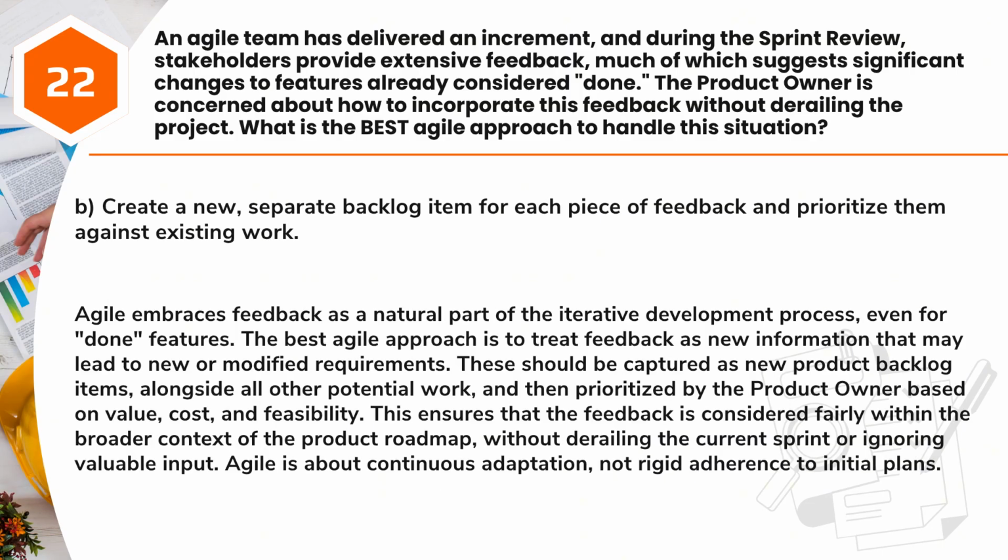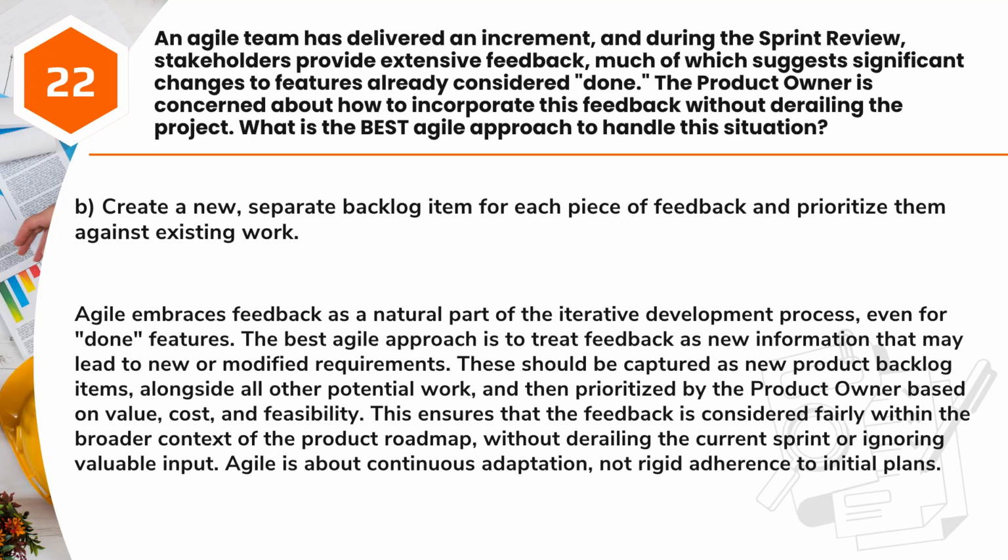Answer: B. Create a new, separate backlog item for each piece of feedback and prioritize them against existing work. Agile embraces feedback as a natural part of the iterative development process, even for done features. The best Agile approach is to treat feedback as new information that may lead to new or modified requirements.